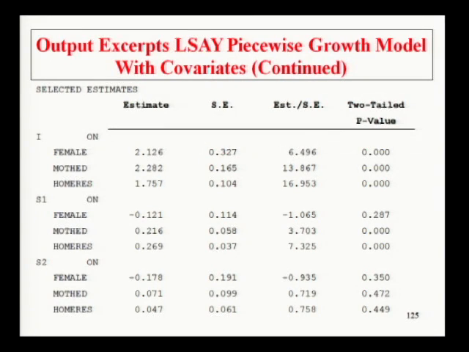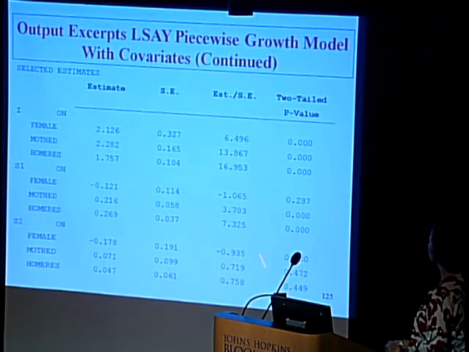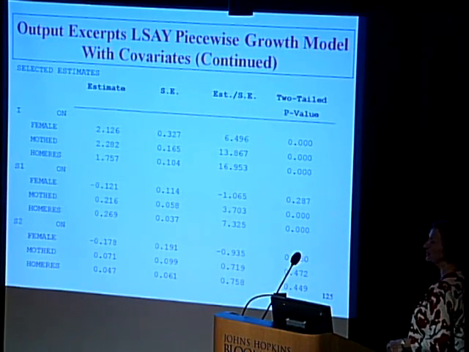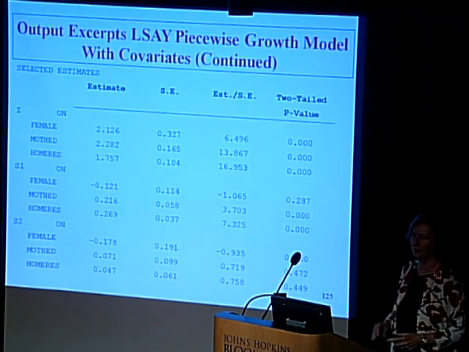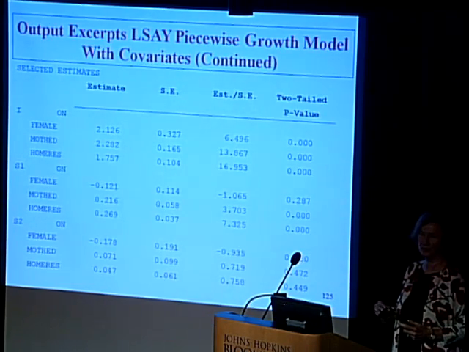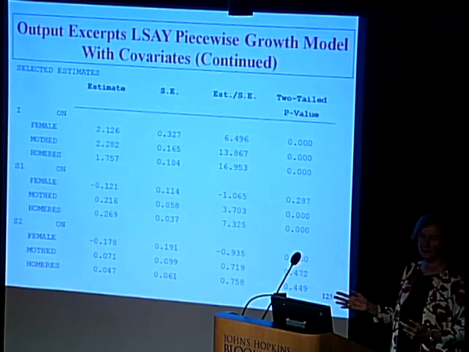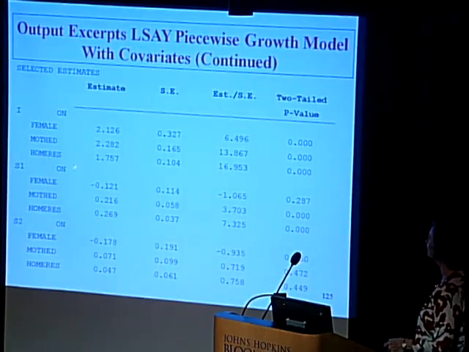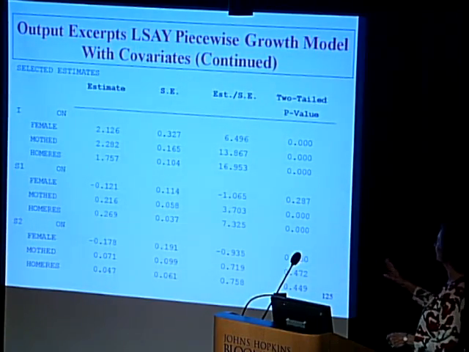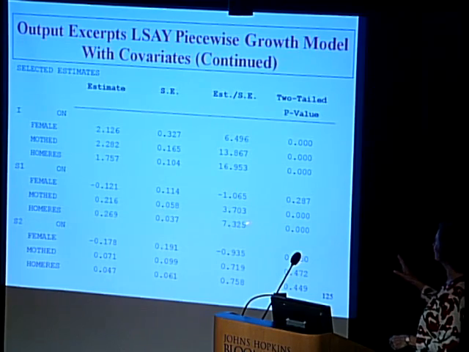But for the two parts of the growth, the first part, 7 through 10, which we looked at earlier, mother's education and home resources are significant. But for the third part, between grades 10 to 12, none of the covariates are significant. So you can see there's that difference in what predicts which part of the development of math. So grades 7 through 10, the kids are younger, they're probably more affected by mother's education and home resources.